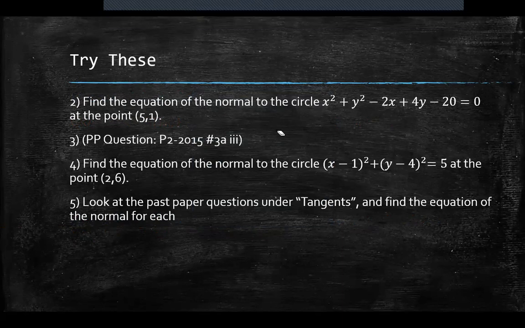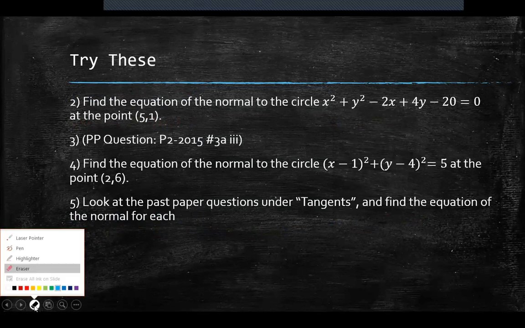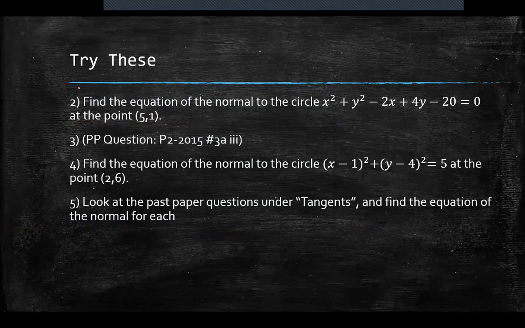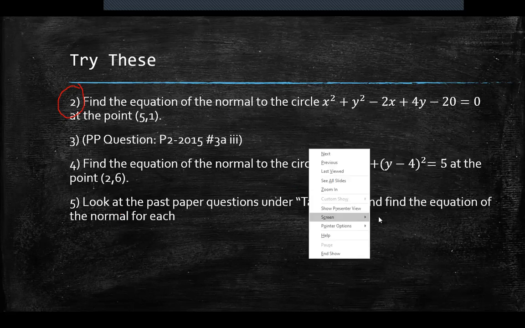Okay, let's do this question. I'll go through this one with you, and then you could try the others by yourself first, and then we would go through it. They want you to find the equation of the normal as well.